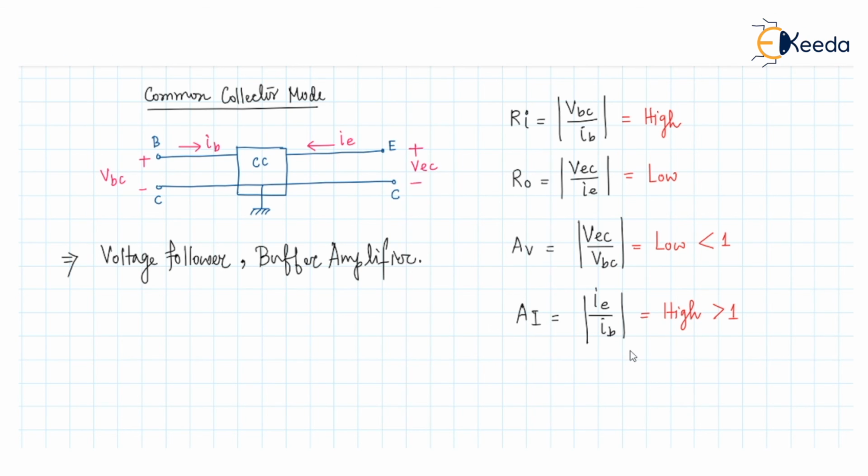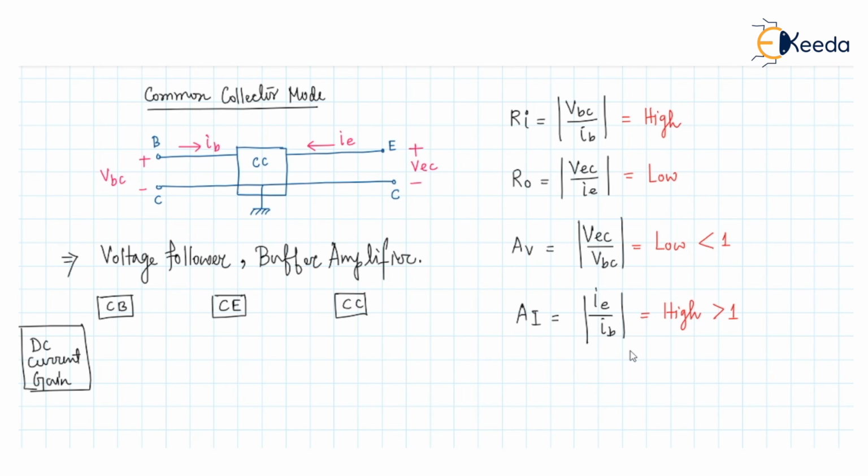And there is one thing to note down: in the common base connection, the common emitter connection and the common collector connection, what will be the DC current gain? That means the DC current gain value.